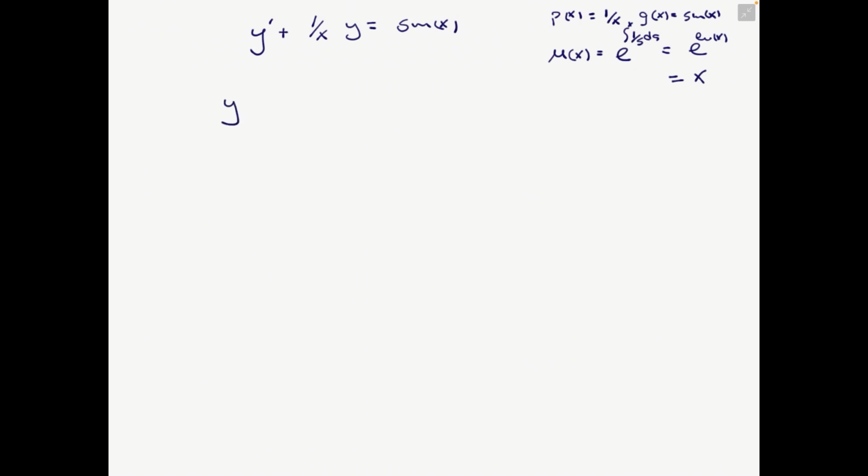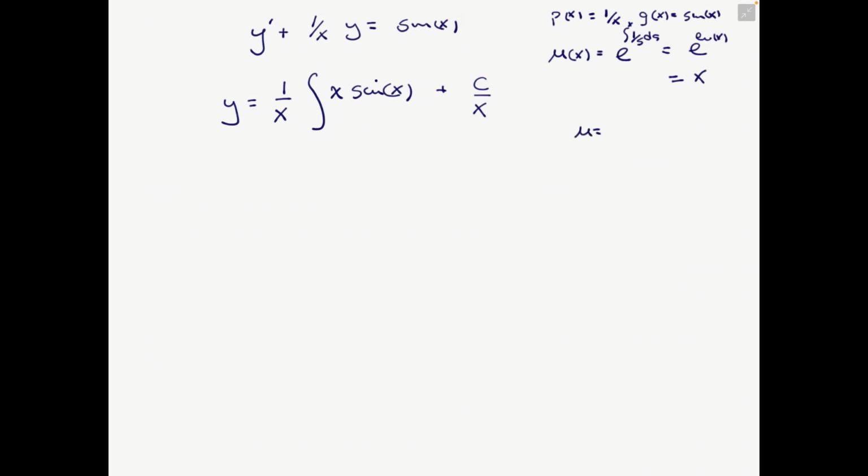So then we have y equals 1/x times x sin x, we've already looked at that one, plus c/x.